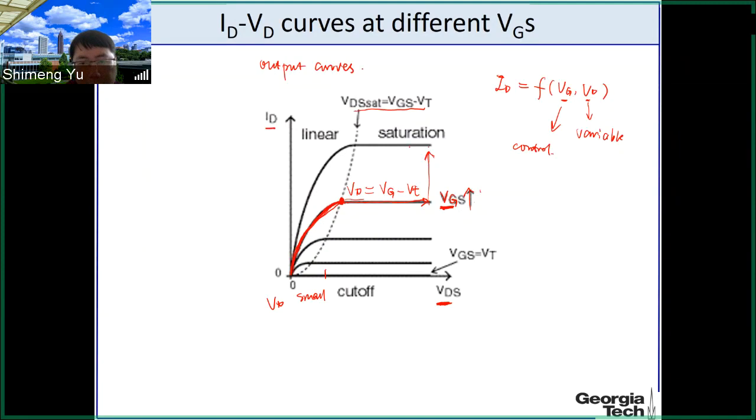So you get a group of curves like this, corresponding to different VG. And then the turning points here, if you draw a dashed line connecting those turning points, you get a boundary between the linear region and the saturation region.